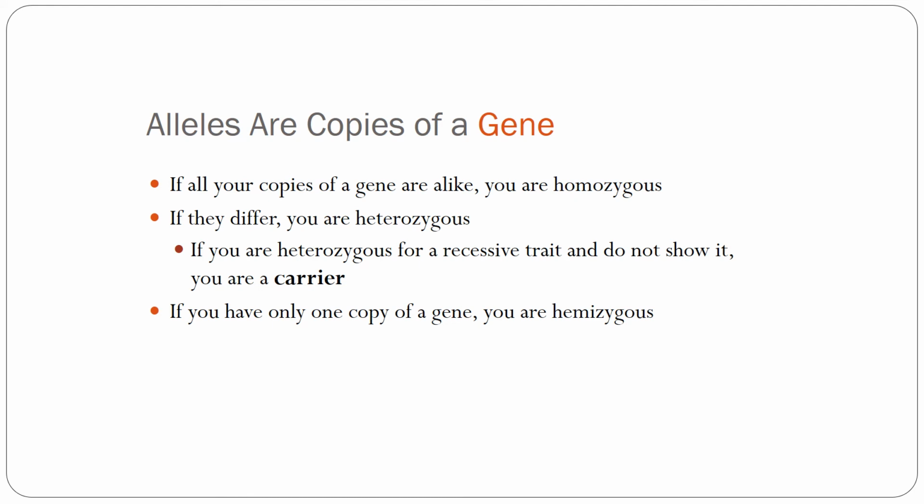If you have only one copy of the gene, you are hemizygous. Just simple definitions. Again, about carrier, basically the gene isn't showing up, it's not expressed, and the concept of the carrier can only relate to recessive genes, right? Because if it's dominant, it will show up.